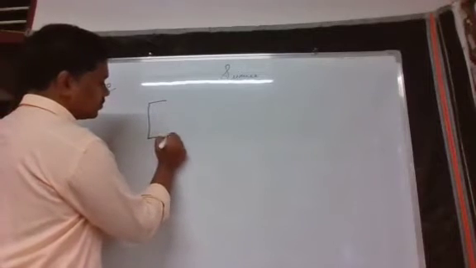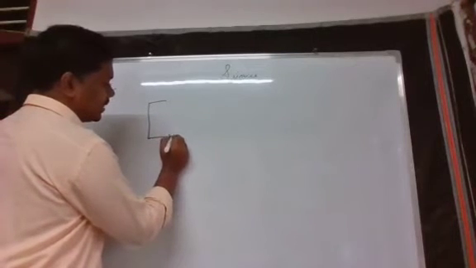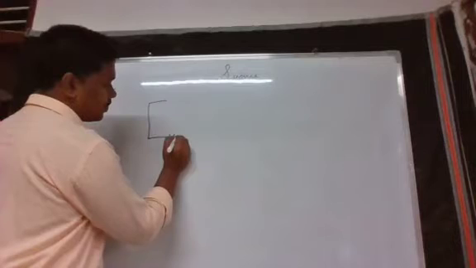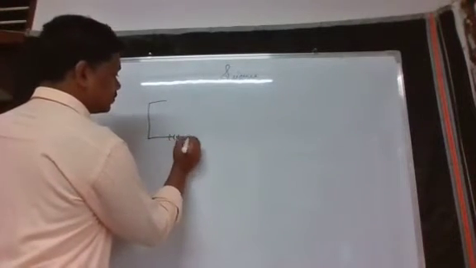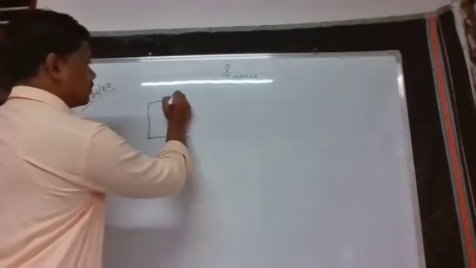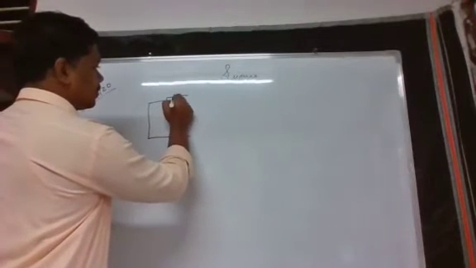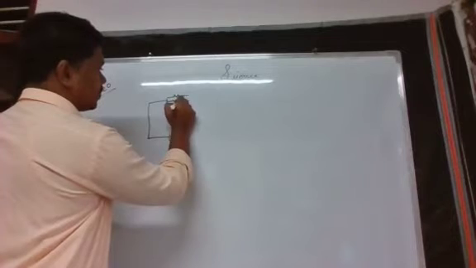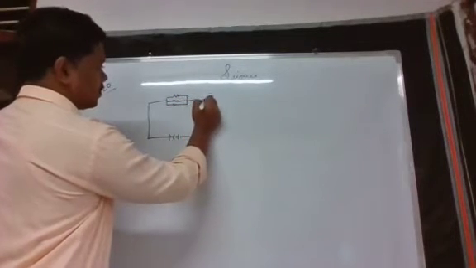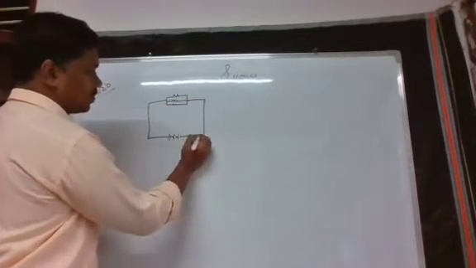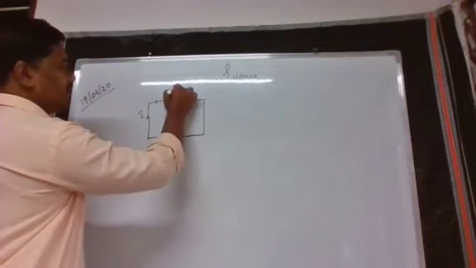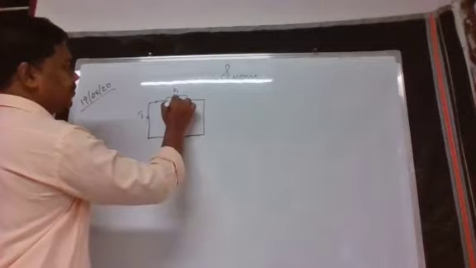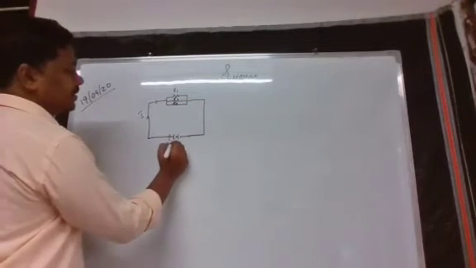Here the cell is there. This is R1, R2, R3, and the cell is 220 volt.